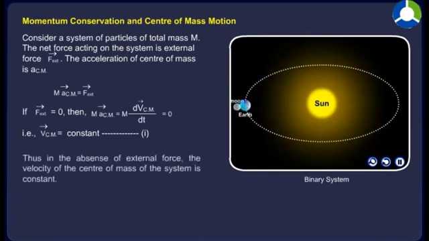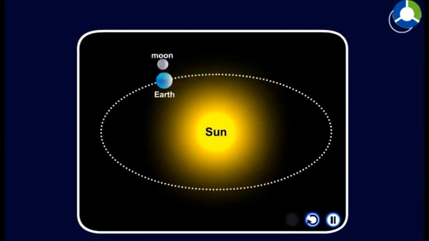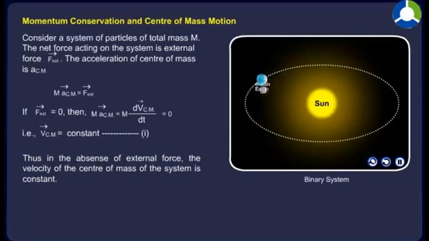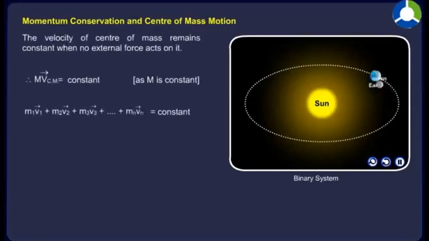Equation 1. Thus, in the absence of external force, the velocity of the center of mass of the system is constant. The velocity of the center of mass remains constant when no external force acts on it.